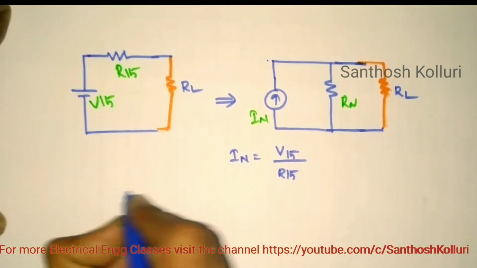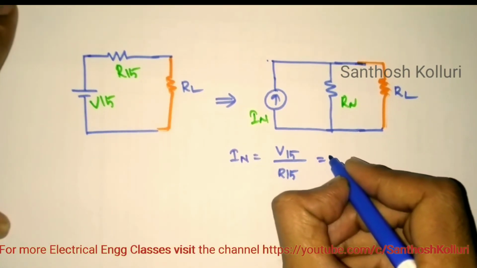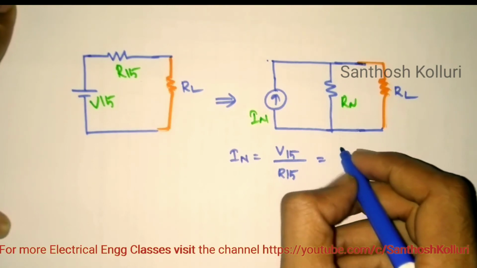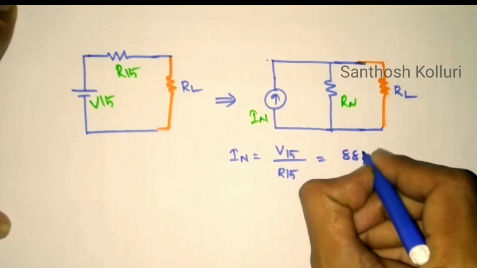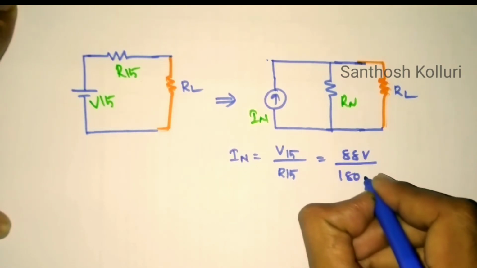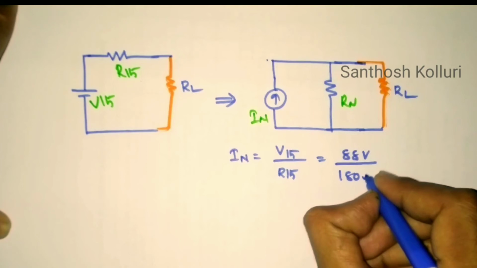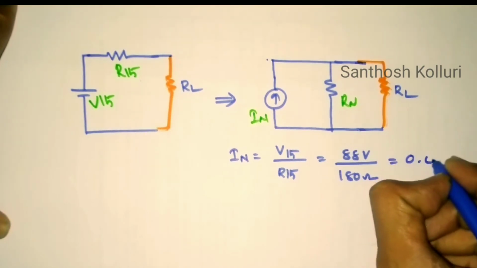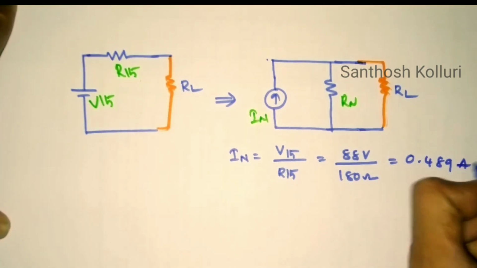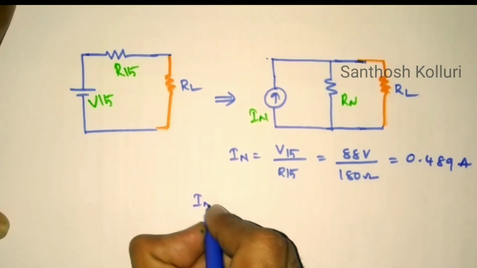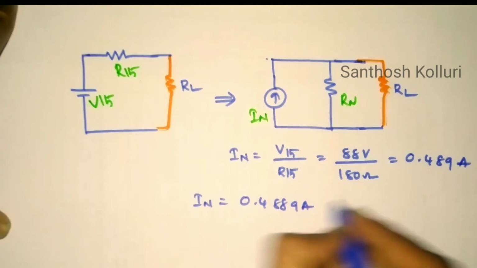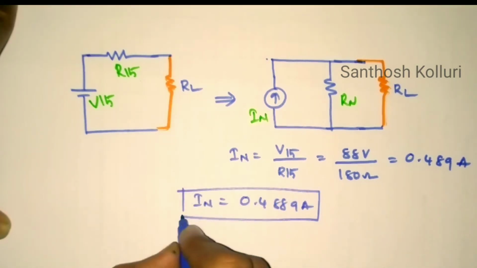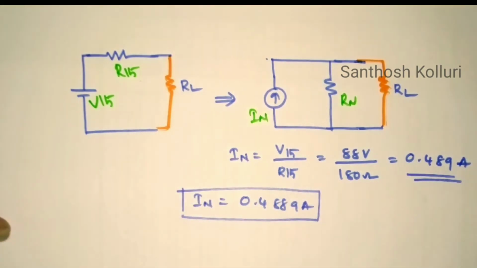We know the VTH value is 88 volts and RTH is 180 ohms. So this is 0.489 amperes. We calculated the Norton's current as 0.4889 amperes, so both are the same. So we can directly calculate from the source transformation technique also.